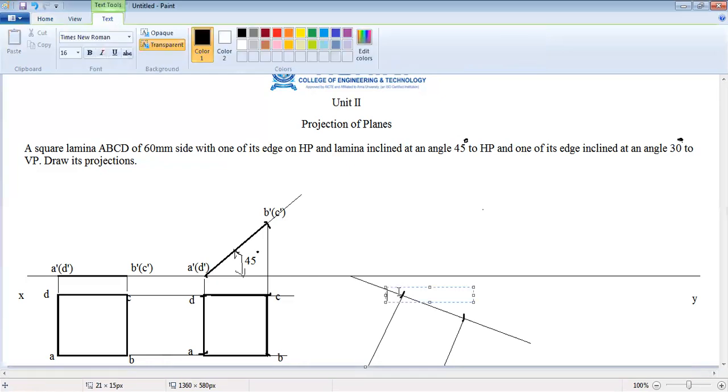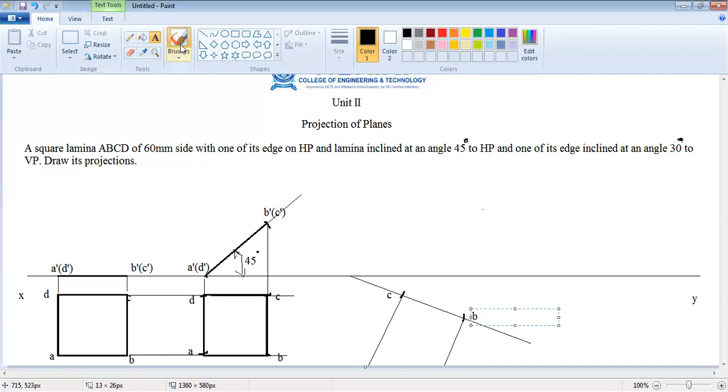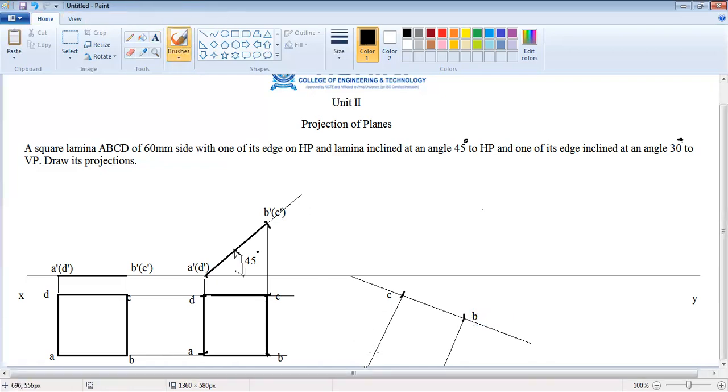This point is C, this one is B, and take the measurement C to D and cut an arc here. Also take the measurement B to A and cut an arc here. Join all the points using thick lines.